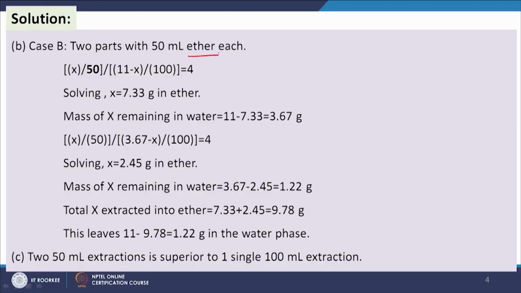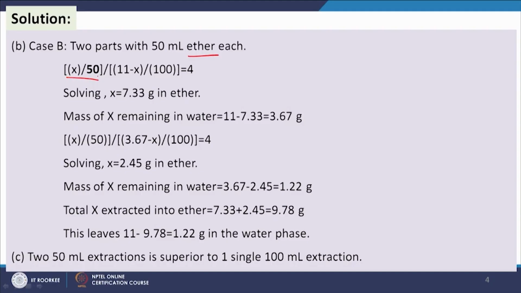So, case A we are able to solve now. Then case 2, case B: 2 parts with 50 ml ether each. We will take 50 ml of ether and mix it with the pollutant and water, which is 100 ml.